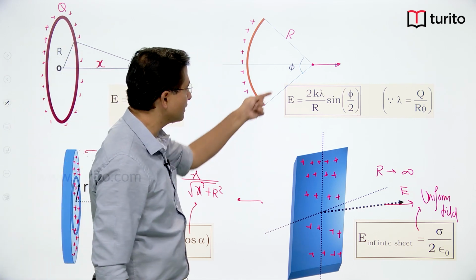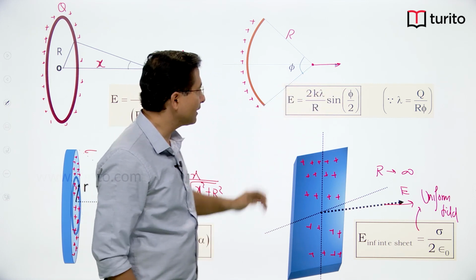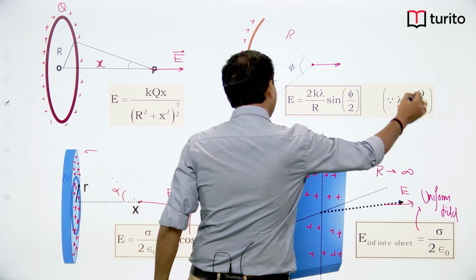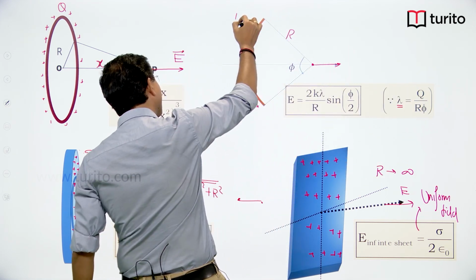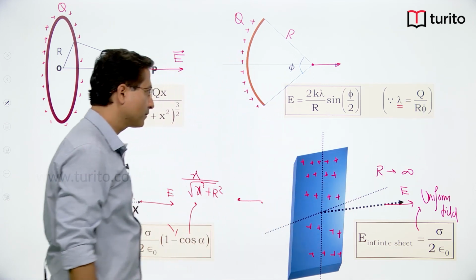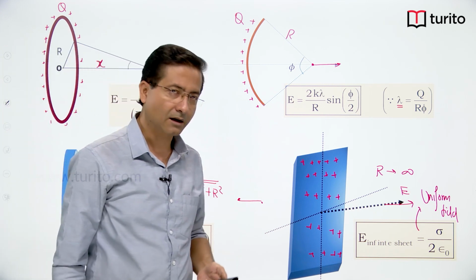So the total angle subtended is phi, and here we are getting sin phi by 2. Lambda is the linear charge density, the total charge on the arc divided by the length of the arc, R phi. So this is what we have done in the last class.